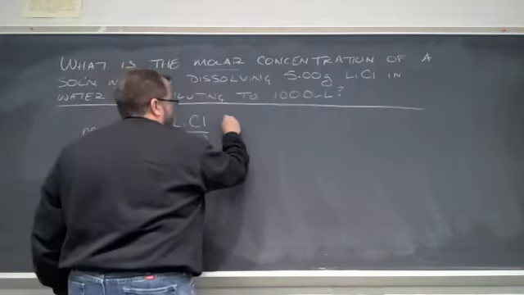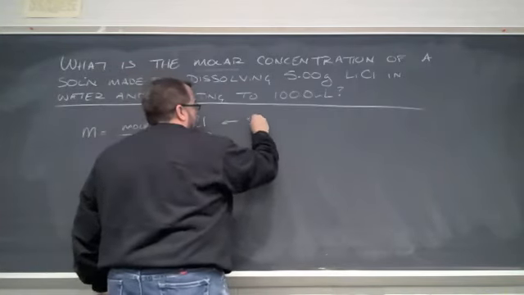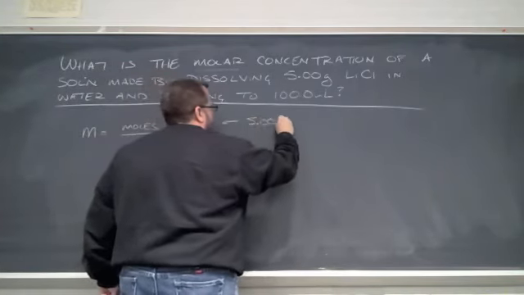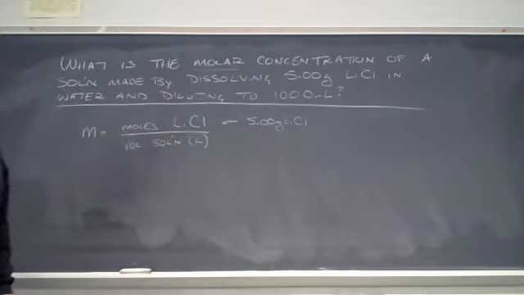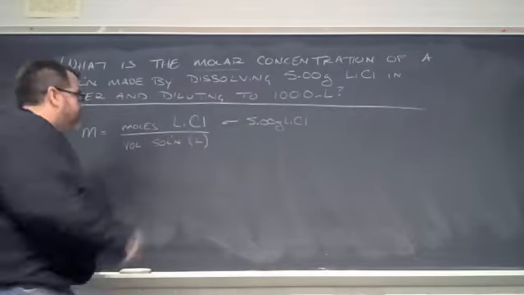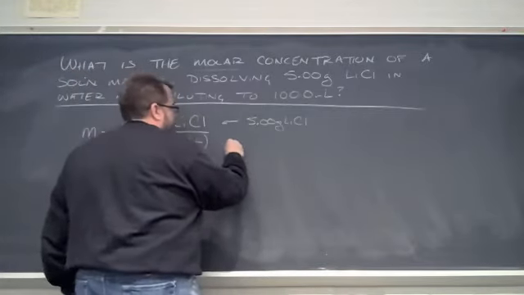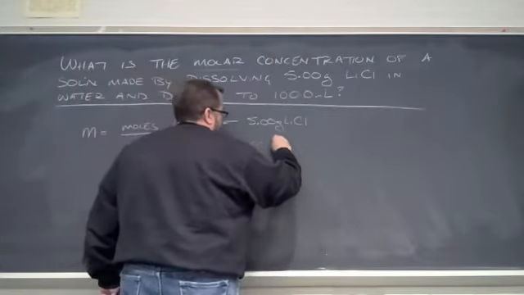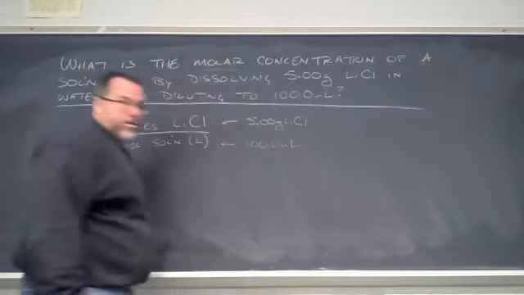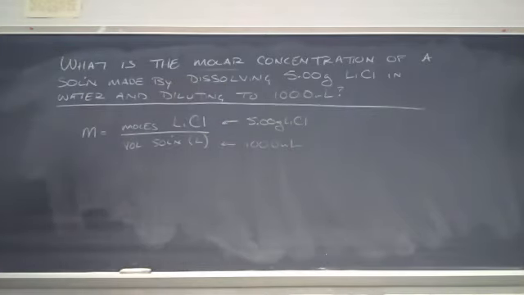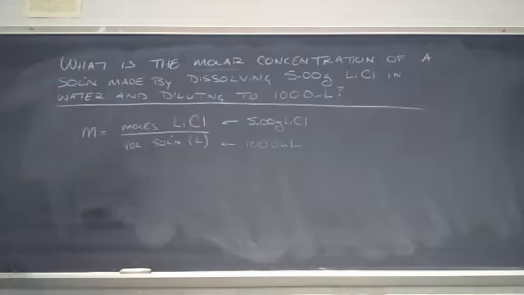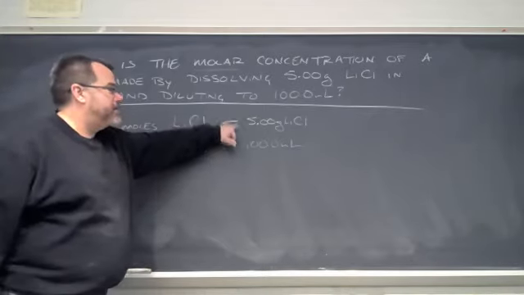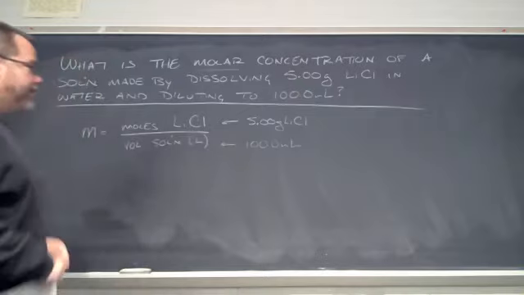The moles of lithium chloride, we don't have moles, but we know that we've got 5.00 grams. And for the volume of the solution, we know that it's 100 milliliters. We don't have that in liters yet, but we do have the volume. So all we need to do is convert this mass into moles and convert these milliliters into liters.